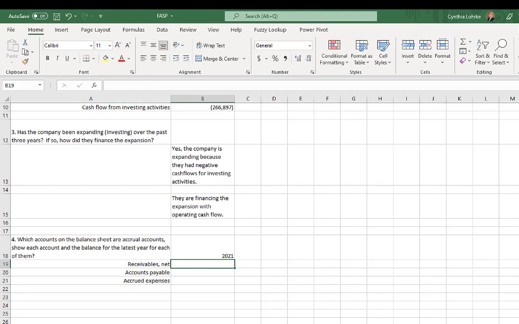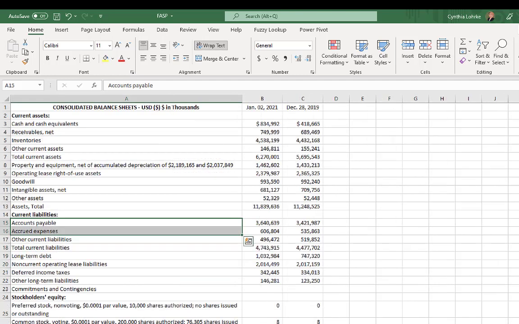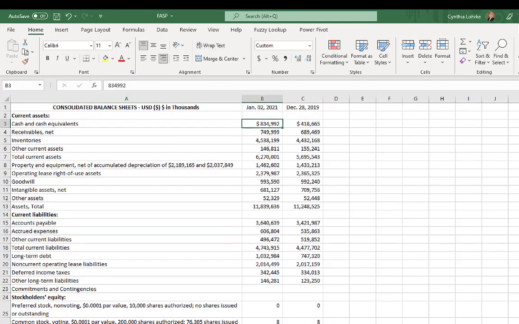It's 2021. So I'm going to go back to my balance sheet and name each of these. Right here where it says receivables, I'm going to say receivables 2021. Enter. I'm going to go down to my accounts payable.